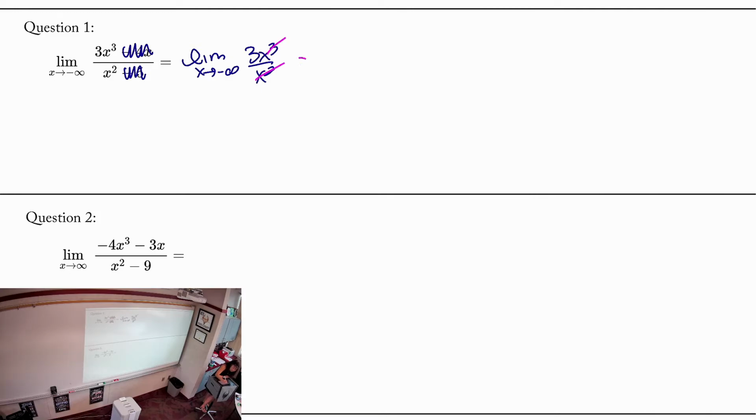This reduces to 3x. When x gets more and more negative, what happens to the whole thing? I take a positive number times a negative number that's going towards negative infinity, and I get negative infinity. That was actually more work than I actually needed to show, but.